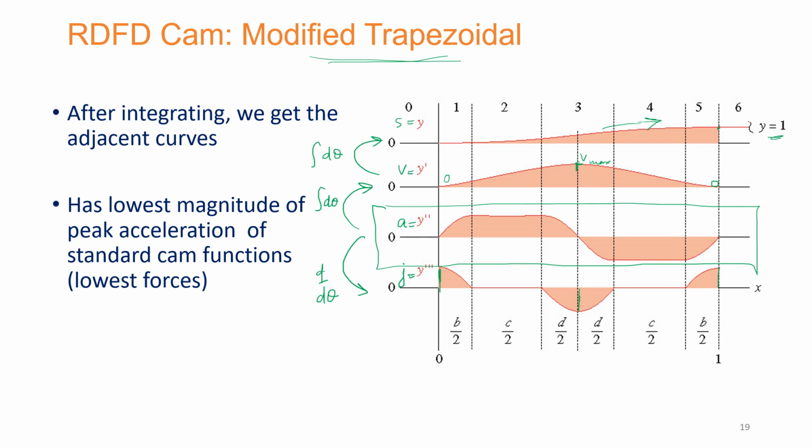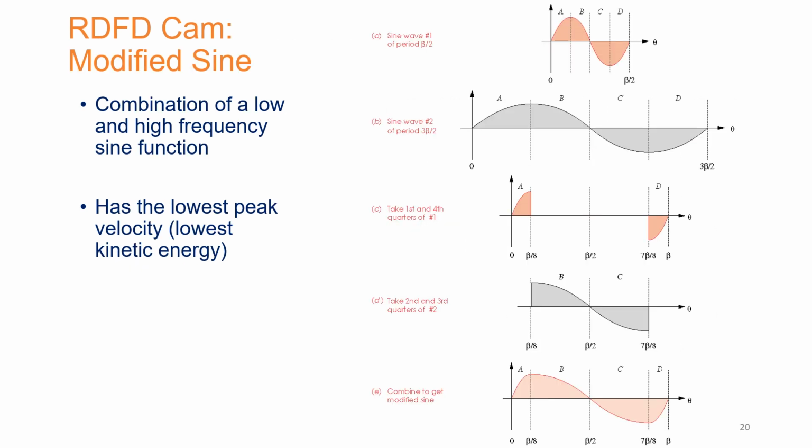So we have in a stepwise fashion performed this activity of improving the process one piece at a time. But there can still be further room for improvement, and one room for improvement is that rather than a modified trapezoidal, you may have a modified sine as well.